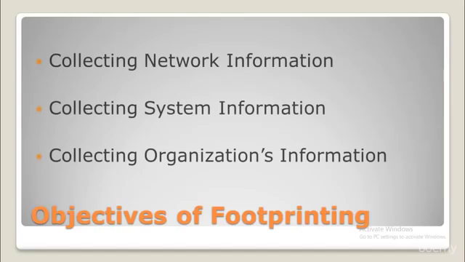So coming to the next point, there are a few objectives of footprinting. The major objectives include collecting the target's network information, system information, and organization information. By carrying out footprinting at various network levels, you can gain information such as network blocks, network services, applications, system architecture, intrusion detection systems, specific IP addresses, access controls, and many more.